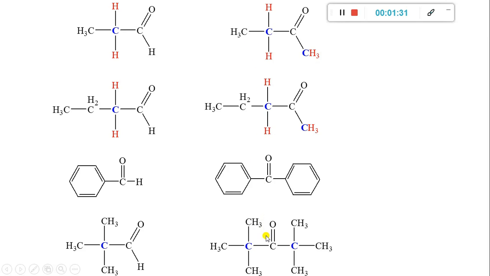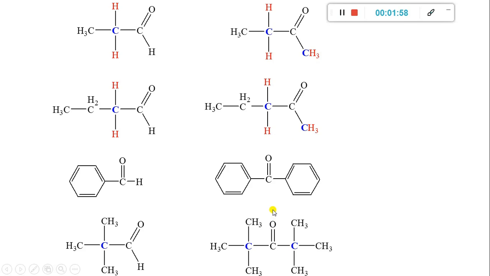Those compounds, all of them are ketones. Some of them contain alpha hydrogens, so they will undergo aldol condensation. The other two ketones do have an alpha carbon but without any alpha hydrogen, so these ketones will not undergo aldol condensation.